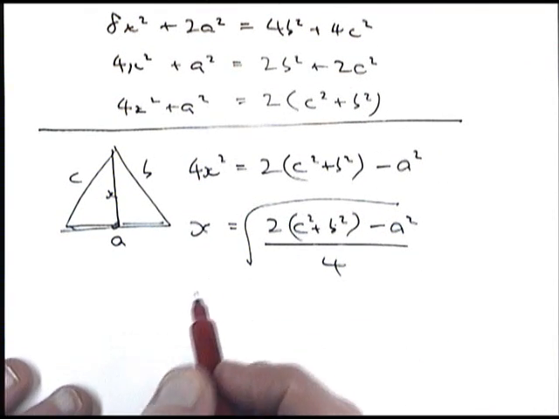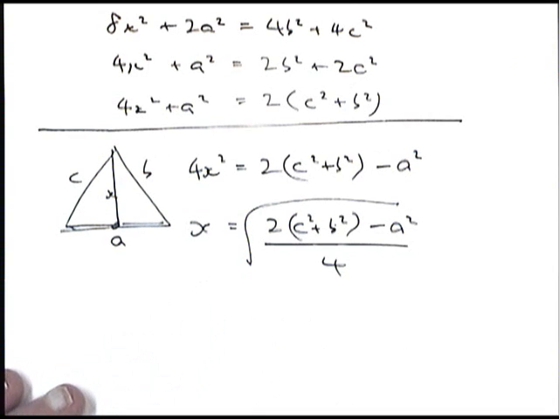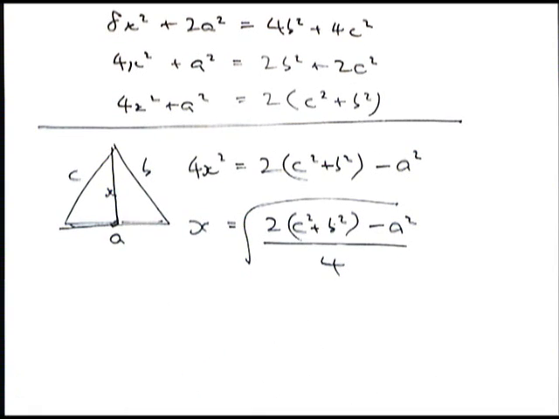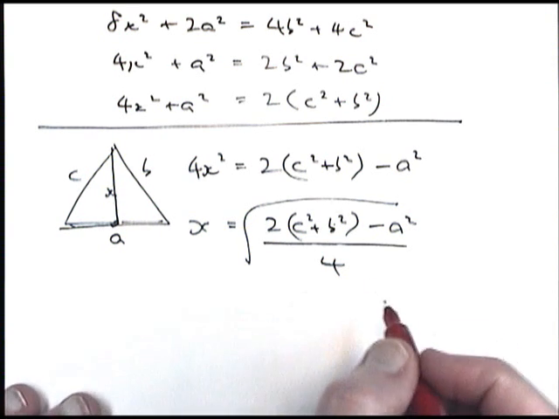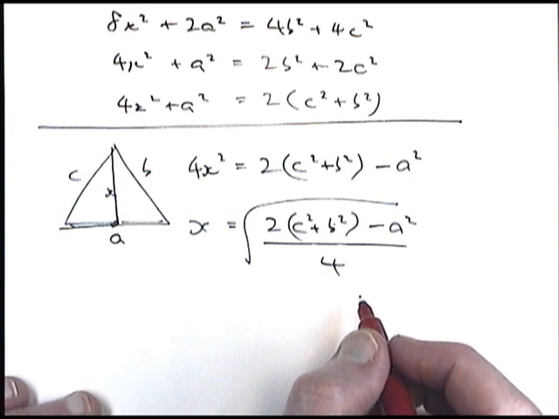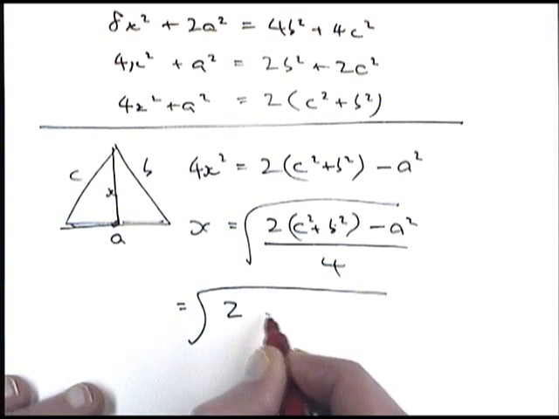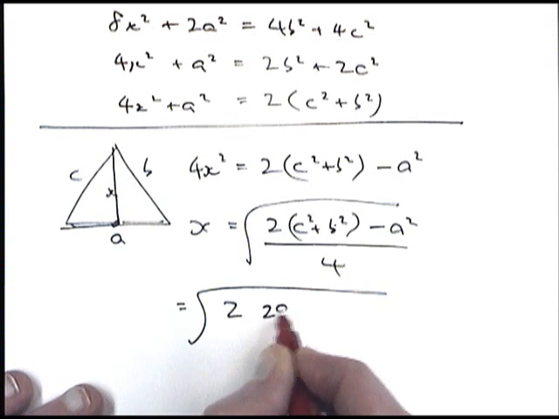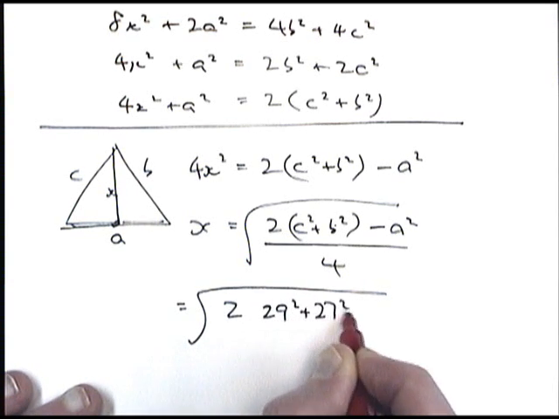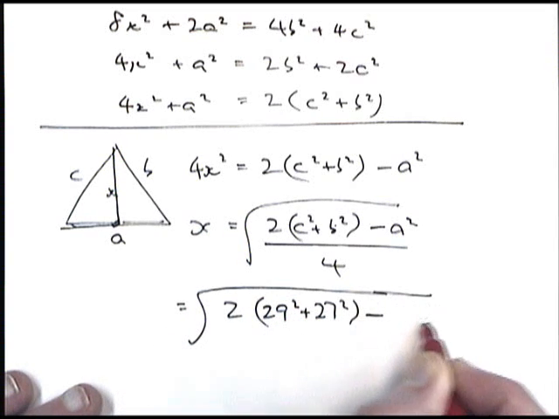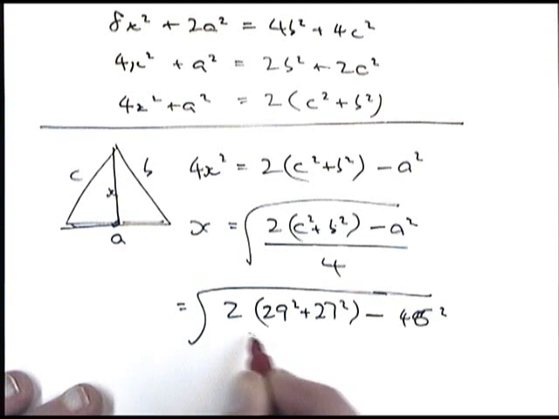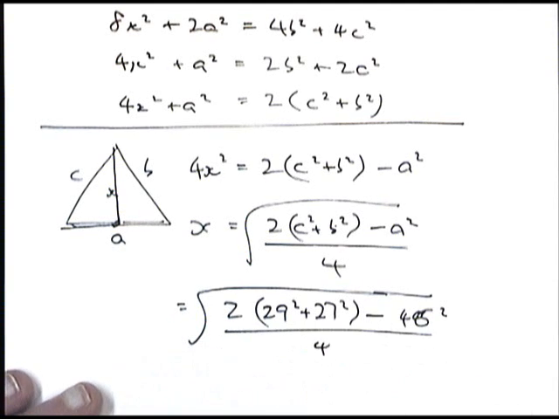So substitute in my a, b and my c. The crucial thing is the a is the longest side. So the a will be the 46. So I've got here x is equal to the square root of 2 lots of c squared plus b squared. That will be the 29 squared and the 27 squared. Take away a squared, that will be the 46 squared, all divided by 4.